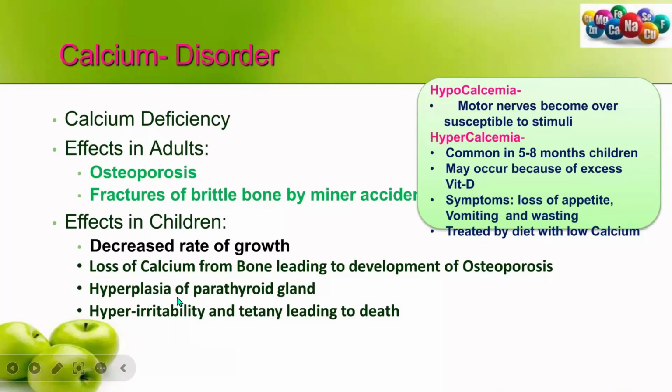It might also occur because of excess vitamin D. Symptoms associated with hypercalcemia are loss of appetite, vomiting, and wasting. And it can easily be treated using a diet that is low in calcium. So this is the disorder of calcium.